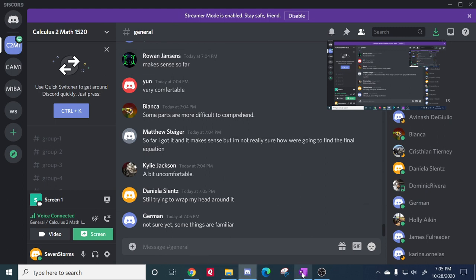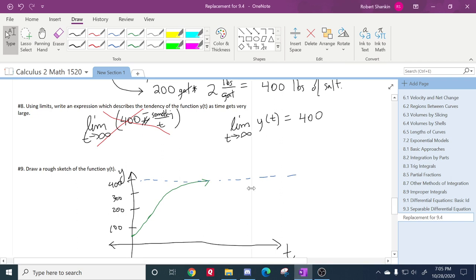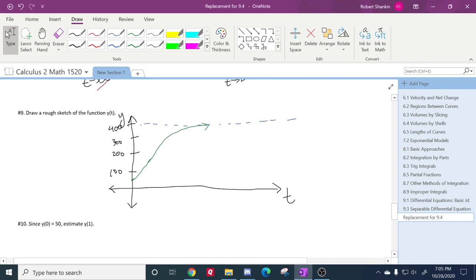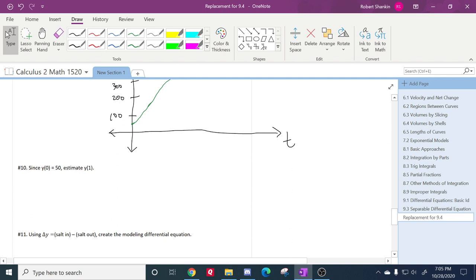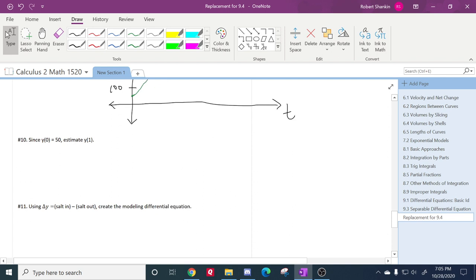All right, so since y0 is equal to 50, we're going to estimate, we'll do this together, estimate y sub 1.